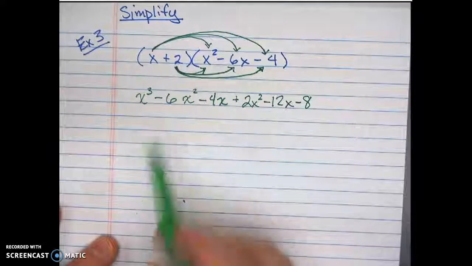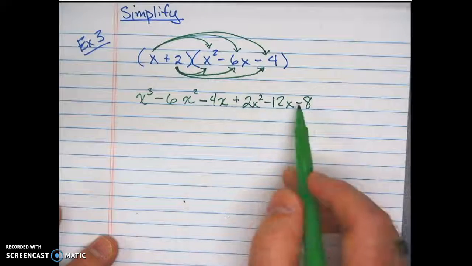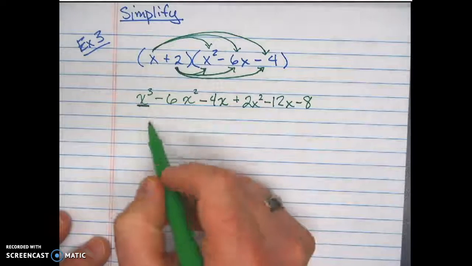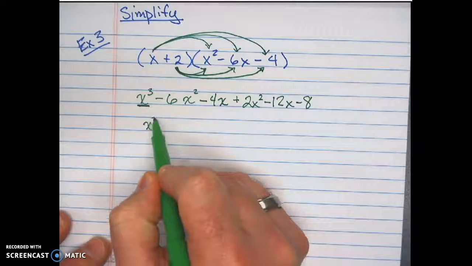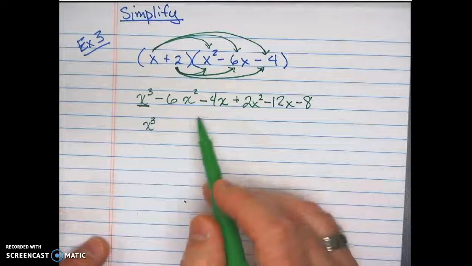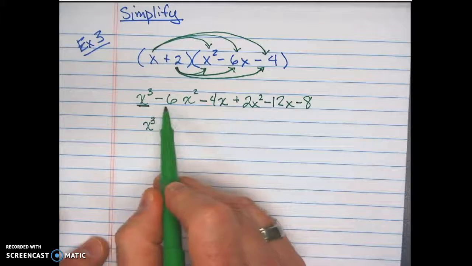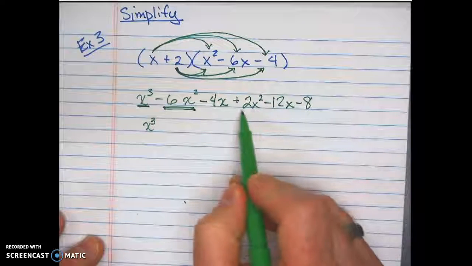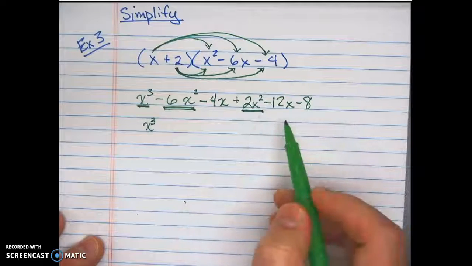Now I've got to go back and start collecting and looking for all my like terms. I've only got this one x cubed, or x to the third, so I'm going to rewrite that down here so we can start collecting and simplifying our expression here. I have this negative 6x squared, and I've got this 2x squared here.